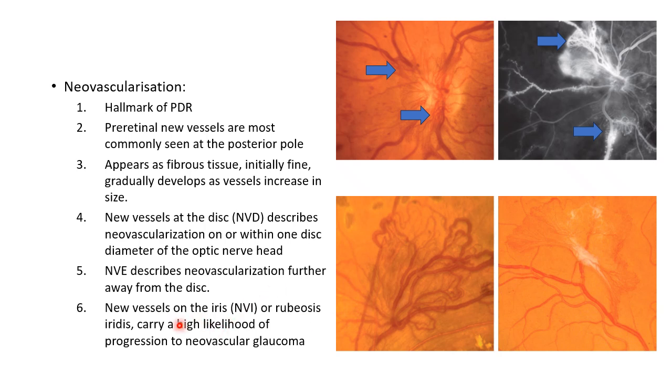Also, you can have new vessels on the iris, or rubeosis iridis, or NVI, which carries a high likelihood of progression to neovascular glaucoma. So just like on the disc and elsewhere on the retina, you can also have new blood vessels on the iris, that is wherever there are superficial blood vessels. So you can also have NVI, right? So that's just your frond-like NVE.